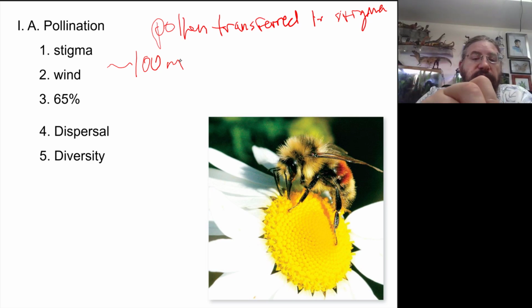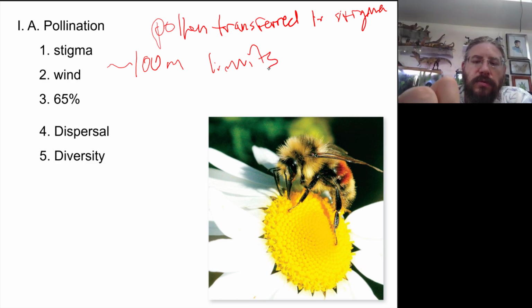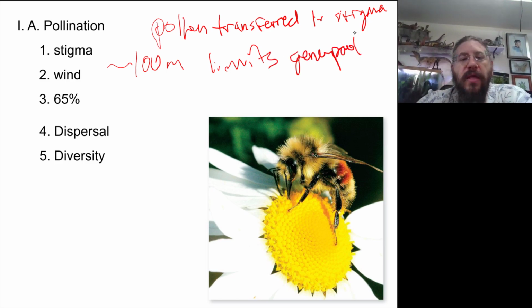So this limits the gene pool. There's a baked-in limitation on how many different individuals can sexually reproduce when you have a maximum travel distance.